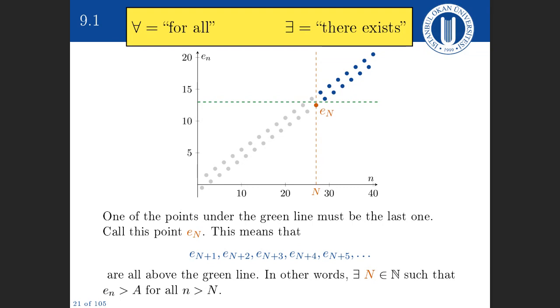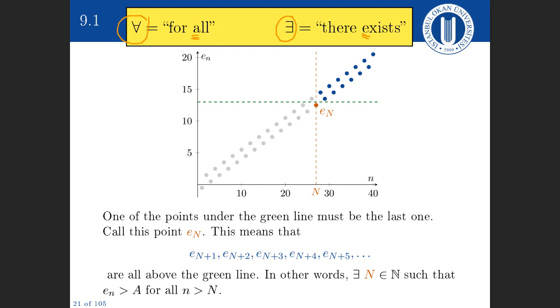I want to introduce two symbols here, which I'm going to be using a lot. This upside down capital A means "for all." If you try to remember which is which, there's an A in the word "all." And this backwards capital E means "there exists."